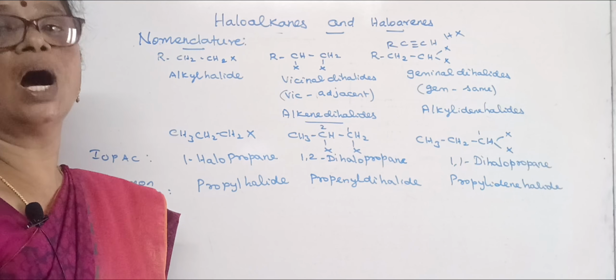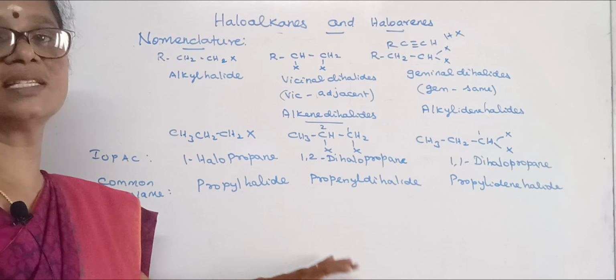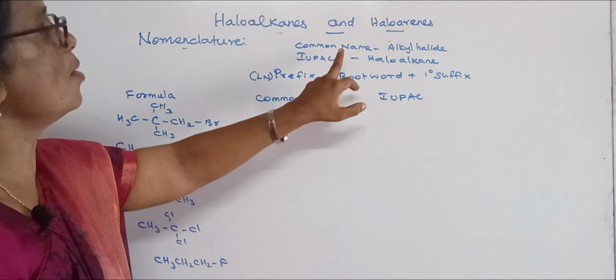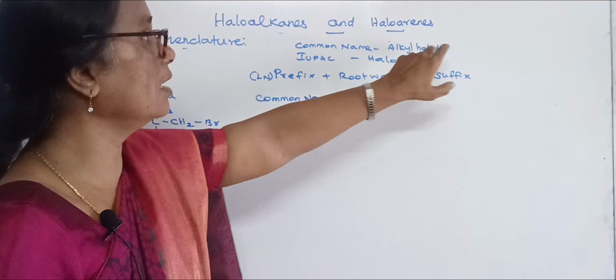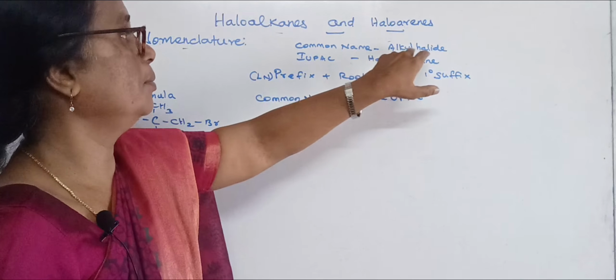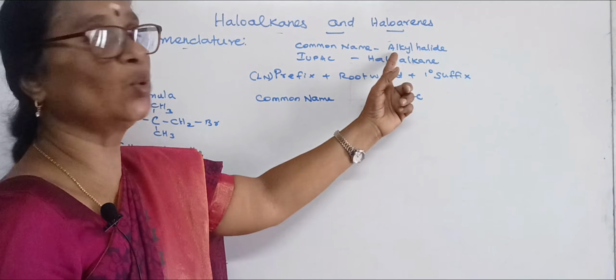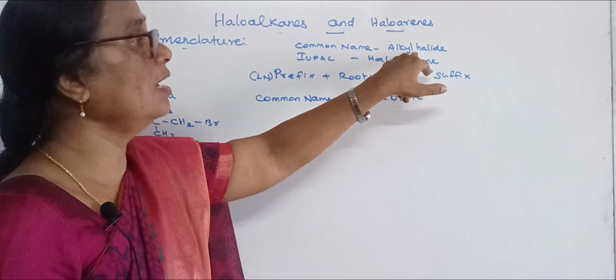Let us start how the IUPAC names are given for haloalkanes and substituted haloarenes. In nomenclature, the common name for the halo compounds is given as alkyl halide: alk plus yl plus halide. Alk is the root word, showing how many carbons we have, and yl is the suffix.